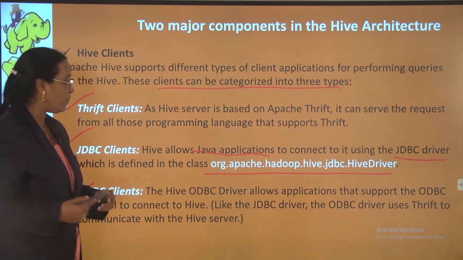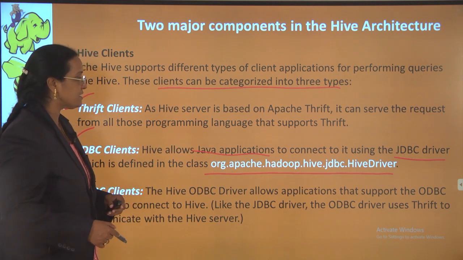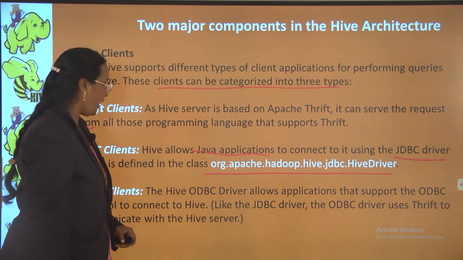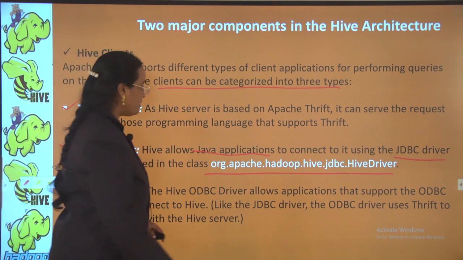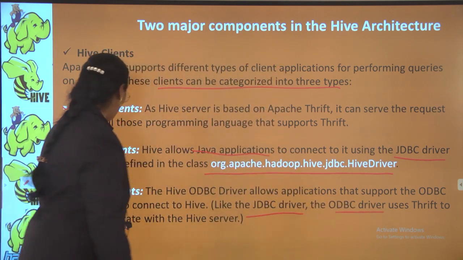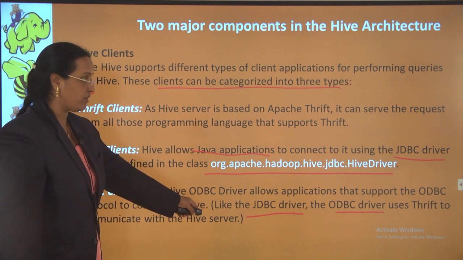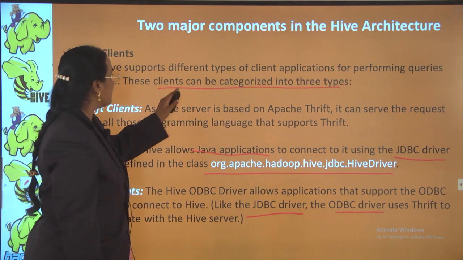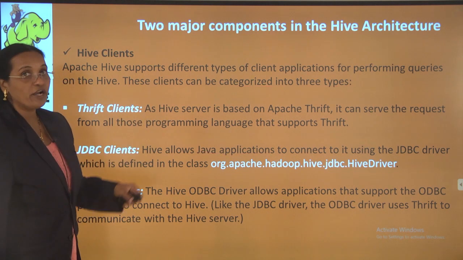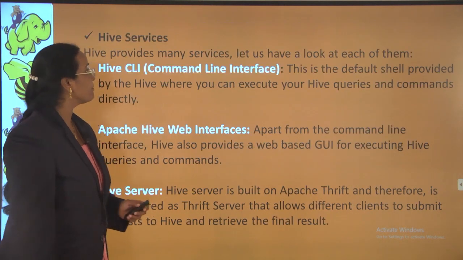The Hive ODBC driver allows applications which support the ODBC protocol to connect to Hive. So the JDBC driver and ODBC driver use Thrift to communicate with the Hive servers. So these are the 3 different clients which we have already discussed in the Hive architecture.